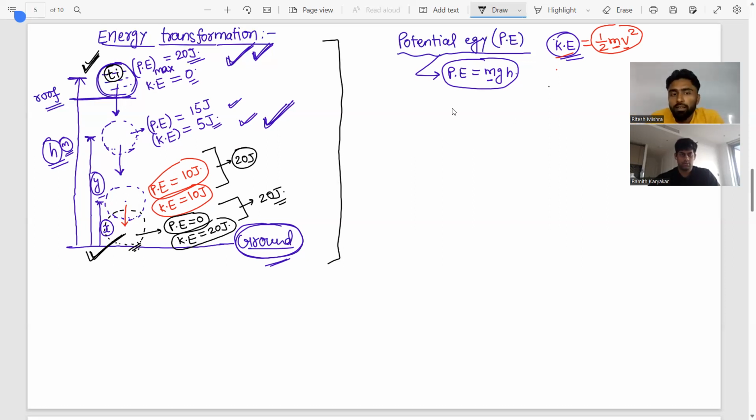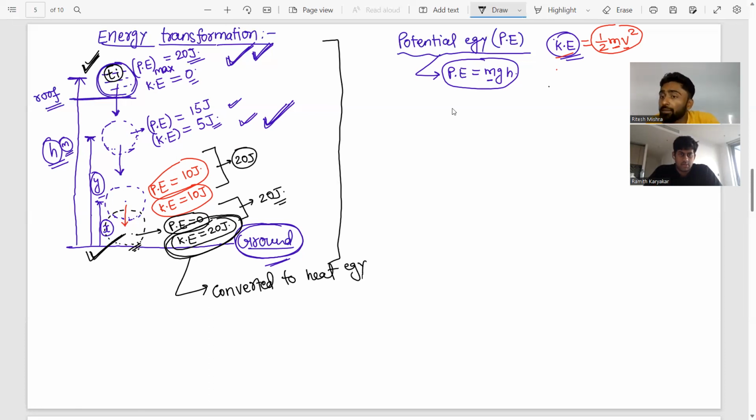Now listen dear, when the balloon is about to touch the ground, it will have maximum kinetic energy. And when it impacts the ground, then this high kinetic energy is converted into heat energy. Why?